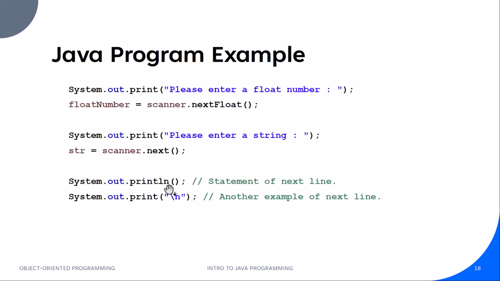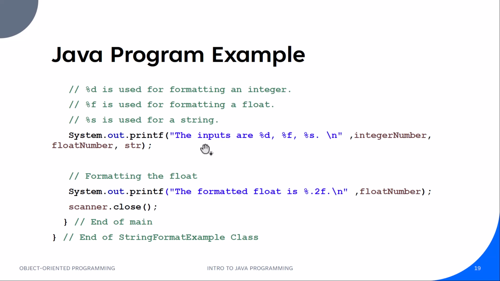It's just going to print an empty line on the screen so that it can help me to have a better output. While I can use println, which actually means print line, shortened over here, I can also achieve the same purpose using print, but in this case I'm going to use \n, meaning new line, to enter into the next line.